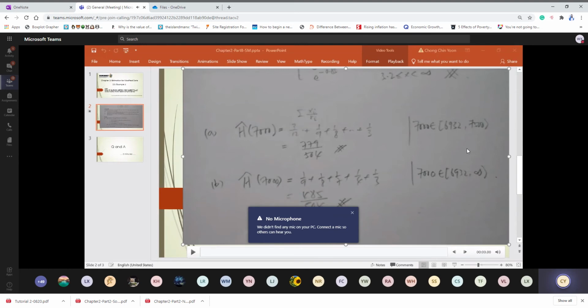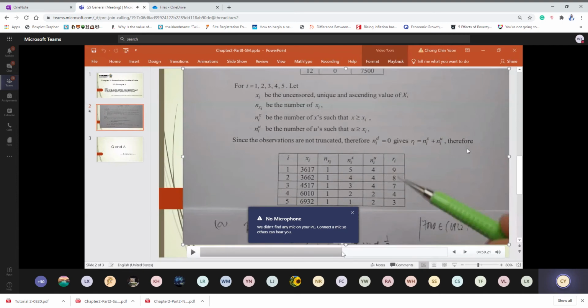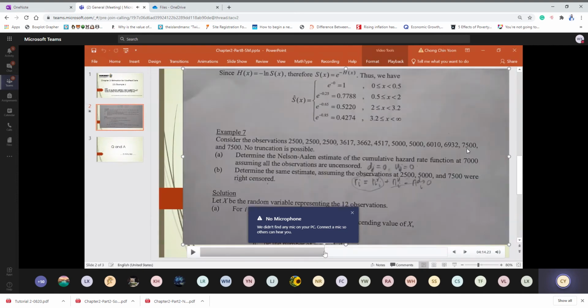Okay, so part B is a bit complex compared to A. Part A, I think should have no problem. Okay, so part B is saying that some values become the censored value.